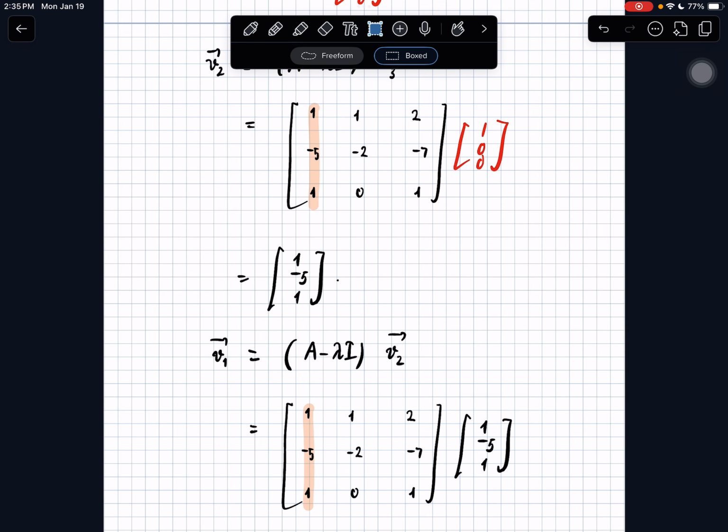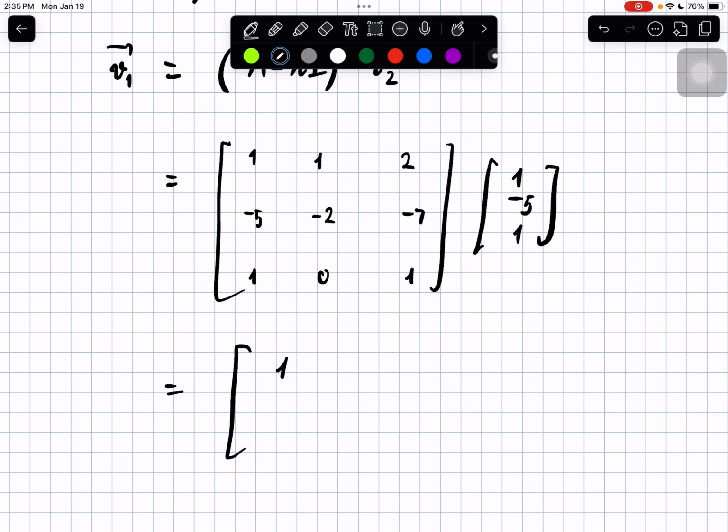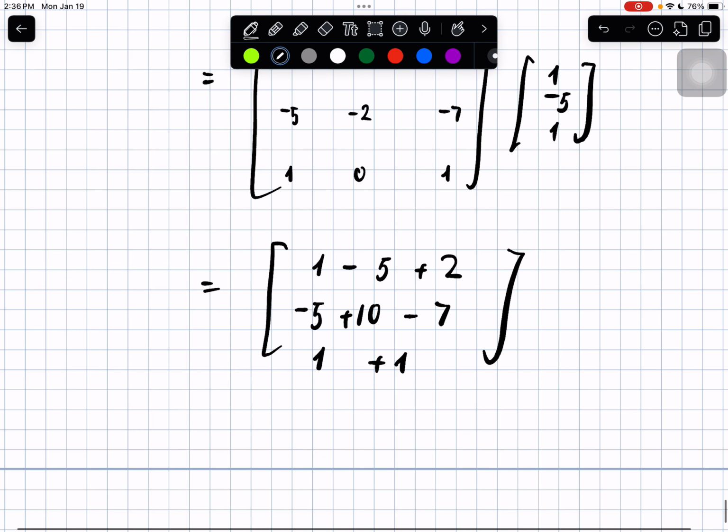So we do need to do the computation here. 1 times 1, then 5, 2 minus 5, 10, 7, 1, 1, 3, minus 2 plus 2.